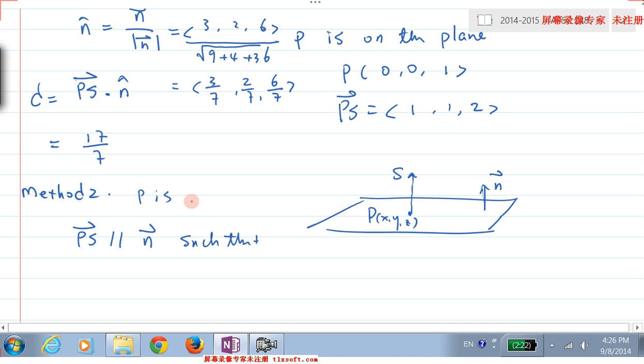P is, of course, on the plane first of all. We want PS parallel to n, such that this PS is the shortest distance. That's the logic of thinking here.